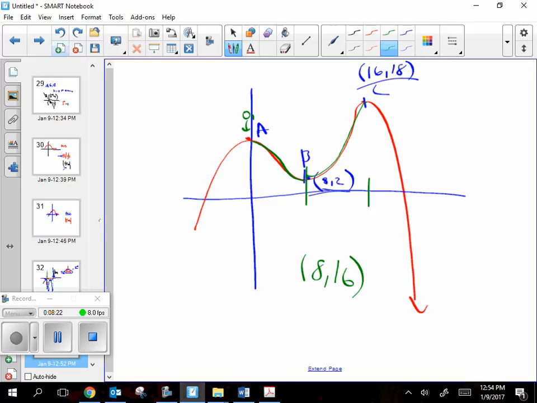That spot right there, 0, 12. So you take the X numbers and say it's increasing or decreasing between 0 and 8. If they asked you what the maximum was, you'd say the absolute maximum was 18 at the point 16, 18.